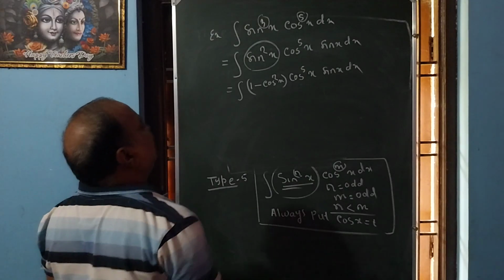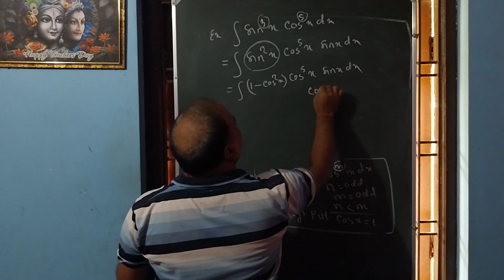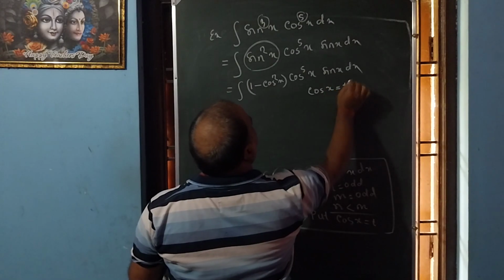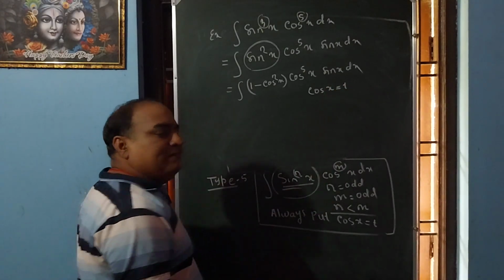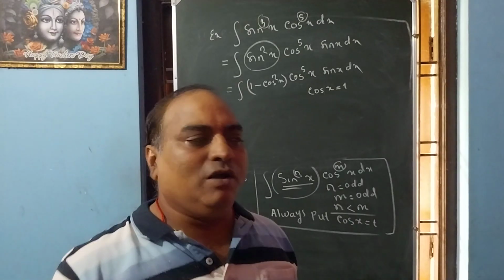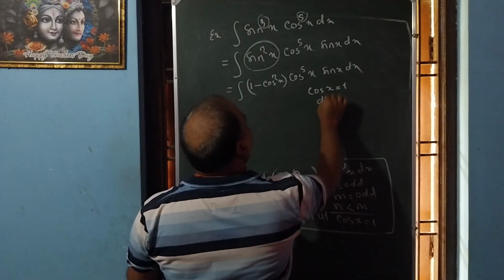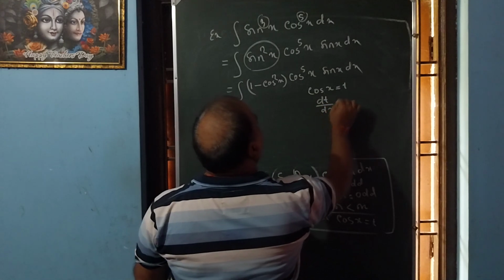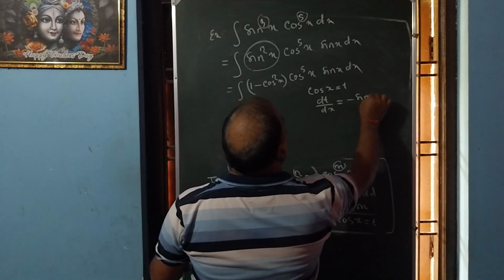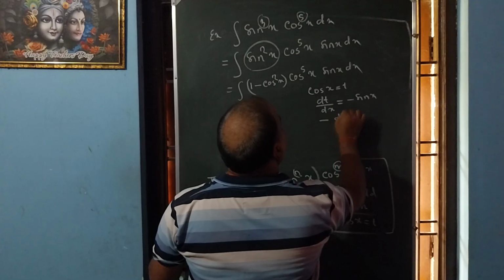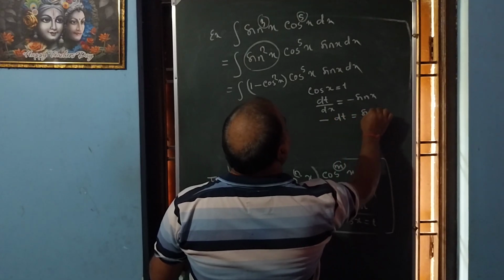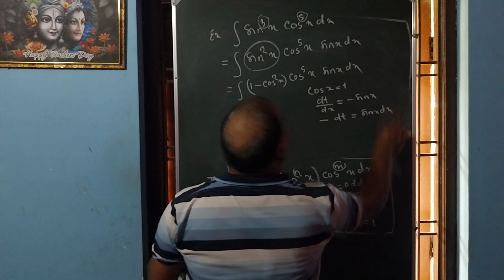So we have to take cos x is equal to t. Once you take that, you have to differentiate on both sides with respect to x. So we get dt by dx is equal to minus sin x. So minus dt is equal to sin x dx.